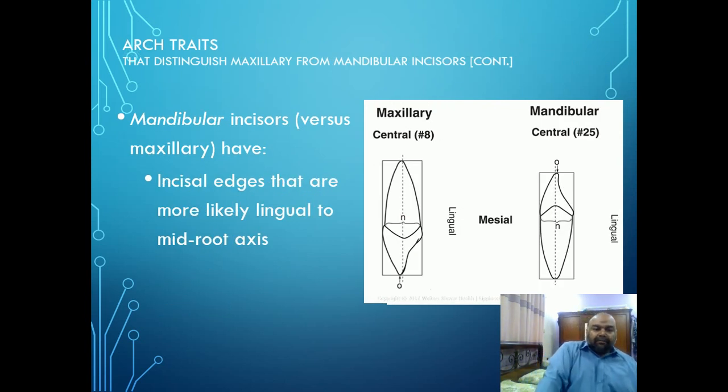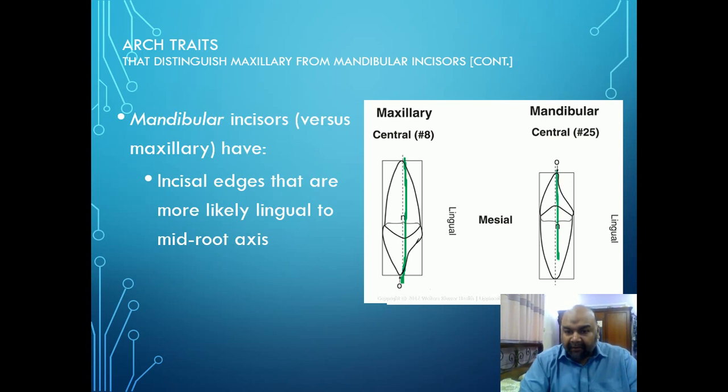Now if you draw a perpendicular from the mid-root section, if you divide the tooth into two halves, whether it's the maxillary central or the mandibular central, then the incisal edge will be slightly lingual to the mid-root axis. So the incisal edge will be slightly lingual.